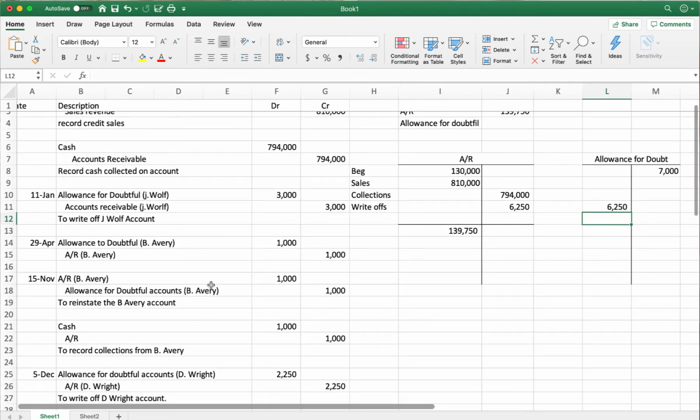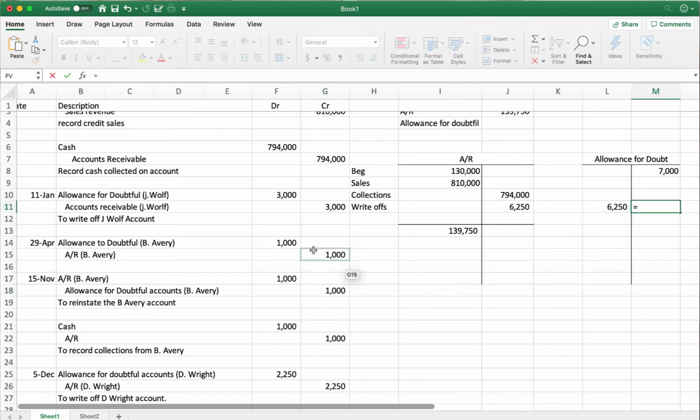We recovered $1,000. And again, if you're not sure, go back and look through your journal entries. Doubtful accounts. There's my $1,000 right there for B. Avery. So I need to include that. That's my recovery. And then I had the allowance for uncollectibles, the $8,100.